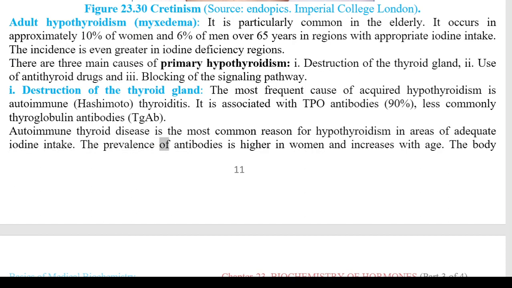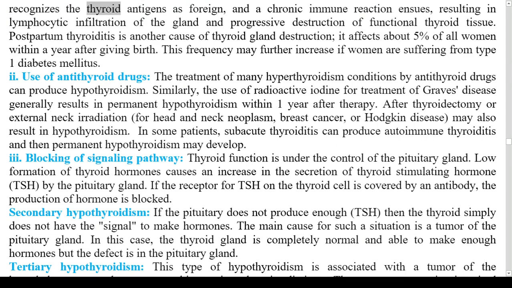The prevalence of antibodies is higher in women and increases with age. The body recognizes the thyroid antigens as foreign, and a chronic immune reaction ensues, resulting in lymphocytic infiltration of the gland and progressive destruction of functional thyroid tissue.